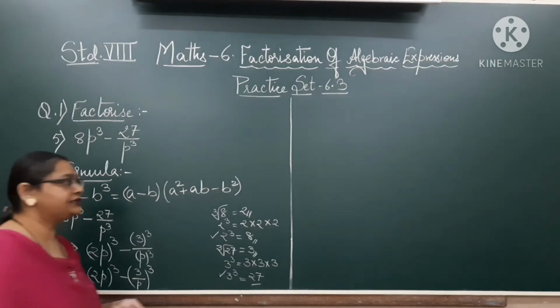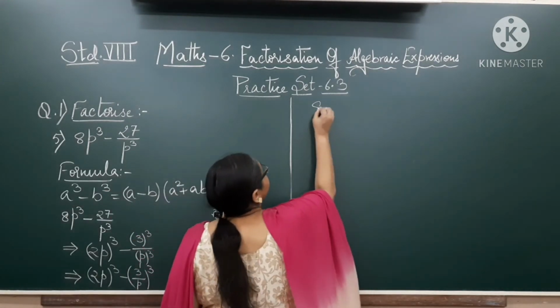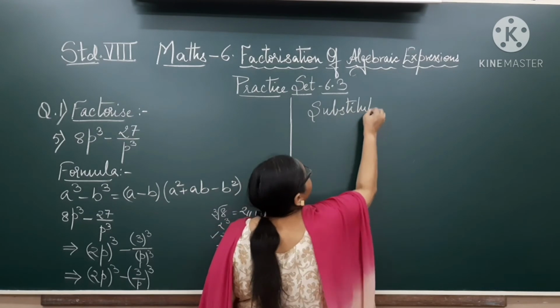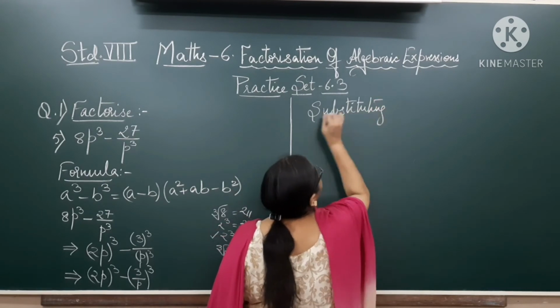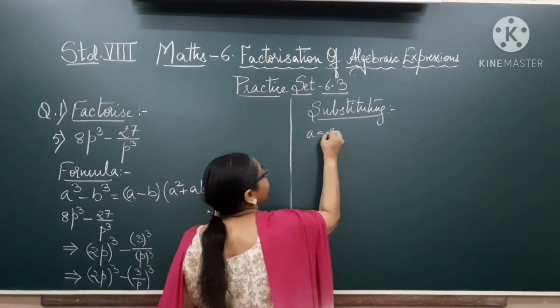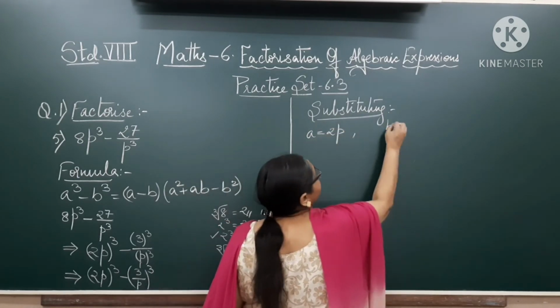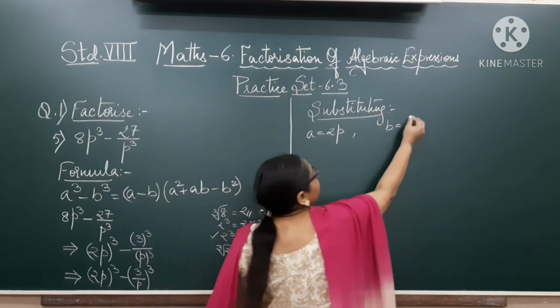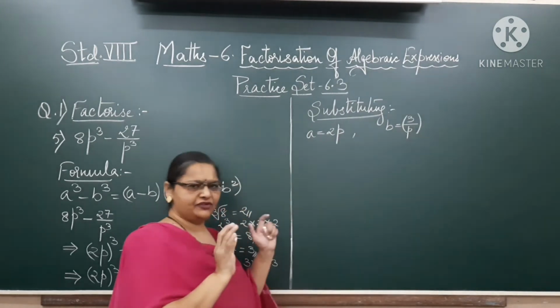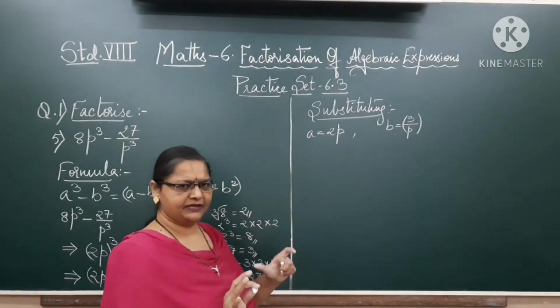Let me substitute them. So substituting a as 2p and b as 3 upon p. Let me write that always in bracket, so it is better.